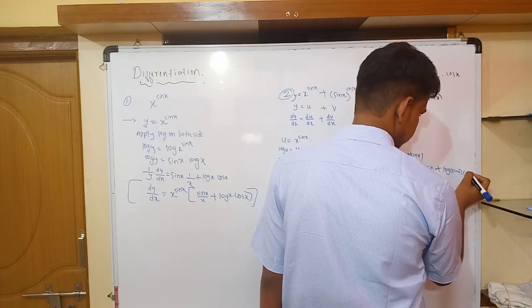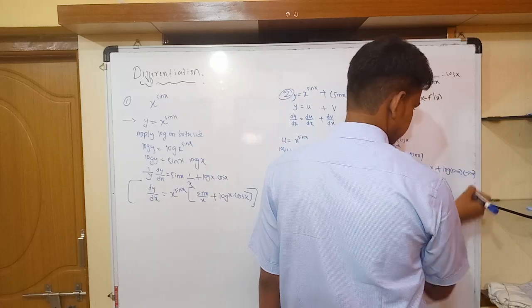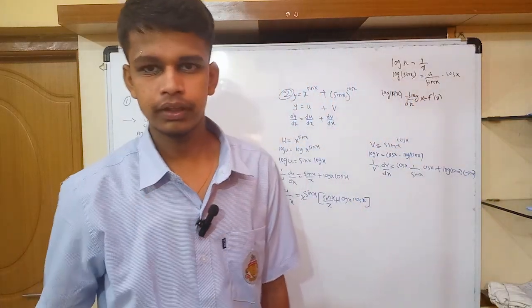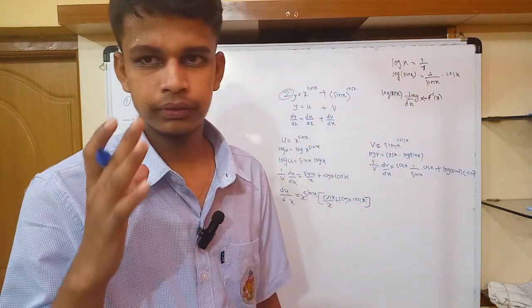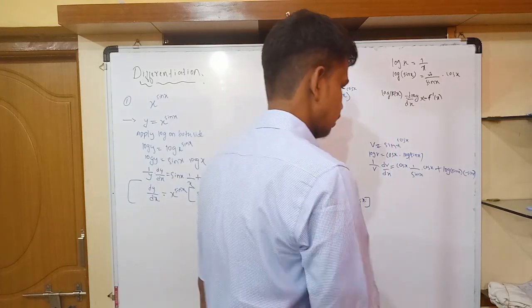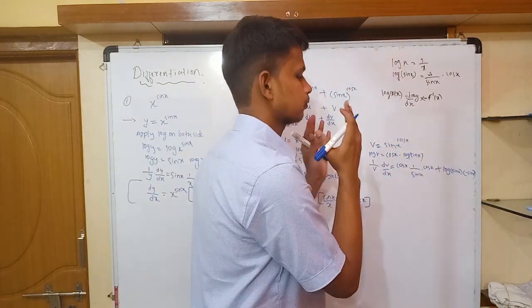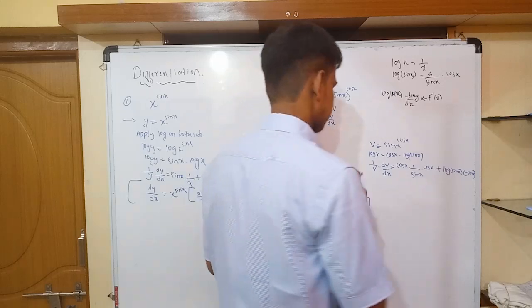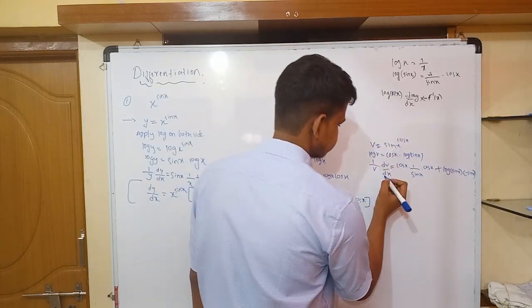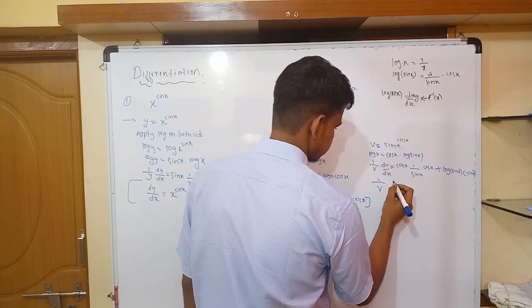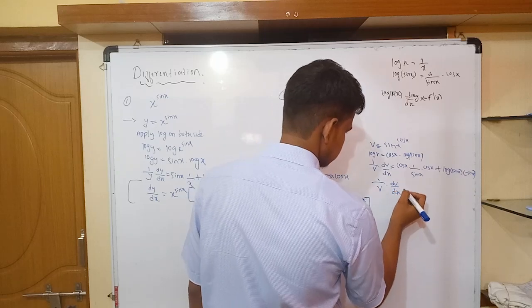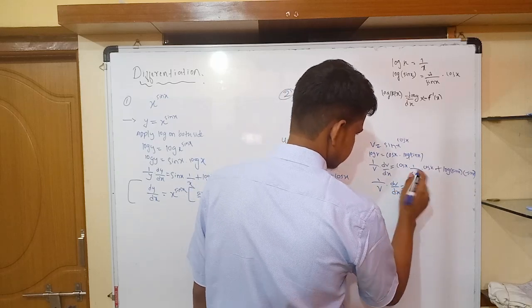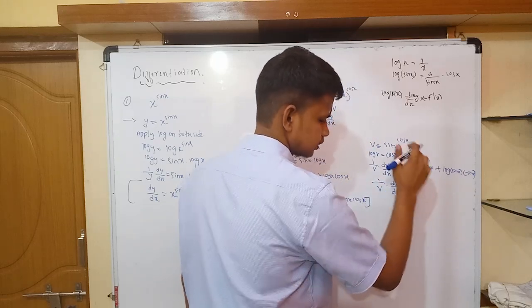Here you have to write the minus sin x in brackets, because we don't want to make any confusion; it is in multiply form, so we write it in brackets. After that, I will write one more step. dy by dx equals cos x into 1 by sin x into cos x.